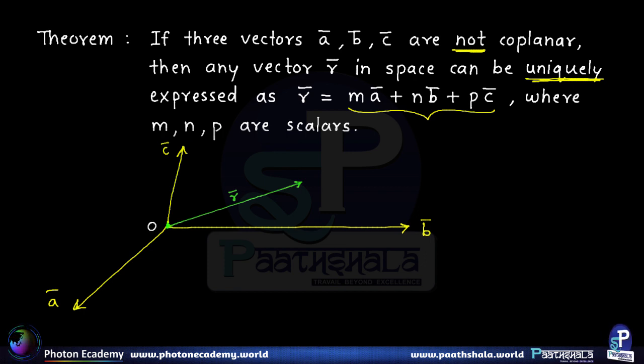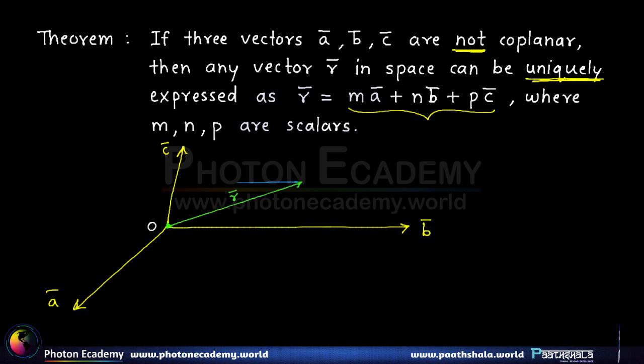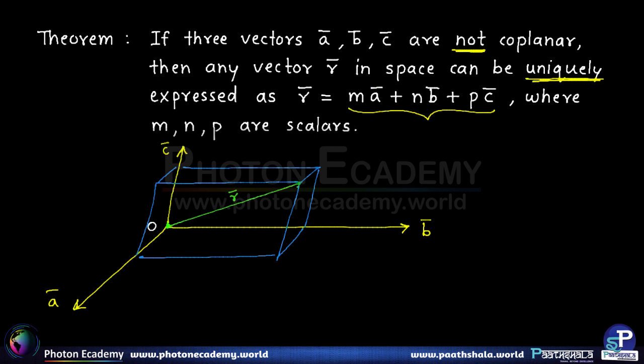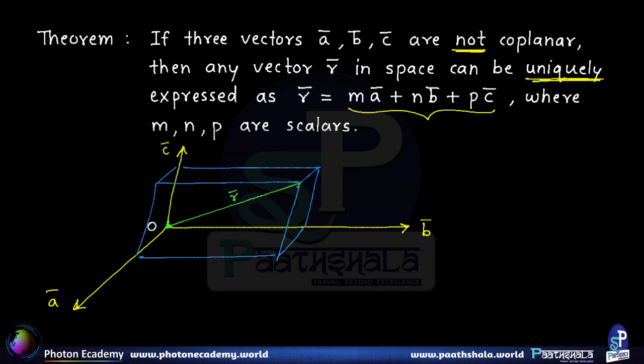Now what we can do is we can construct a solid figure, that is let's look here, can draw a parallelogram like this. So this creates a tilted cuboid, if we can say that way, whose diagonal is the vector r bar.